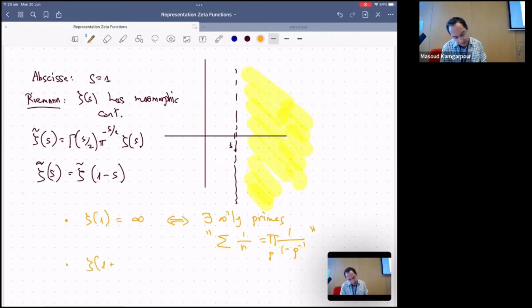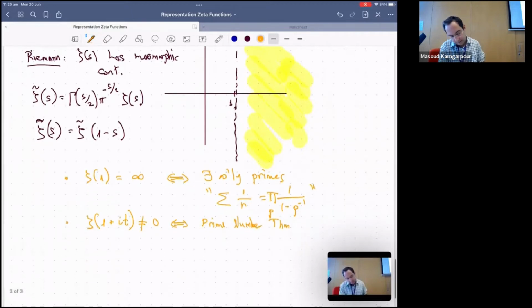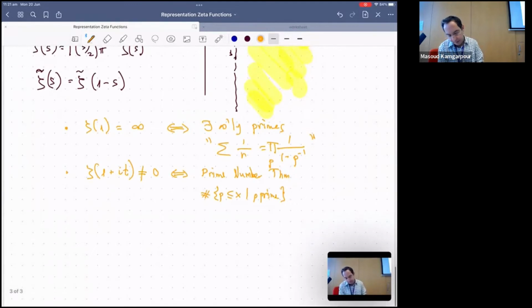The fact that zeta of 1 plus it does not vanish on the imaginary line passing through 1 is equivalent to the prime number theorem. That is, that the number of primes up to x is asymptotically x over log x.